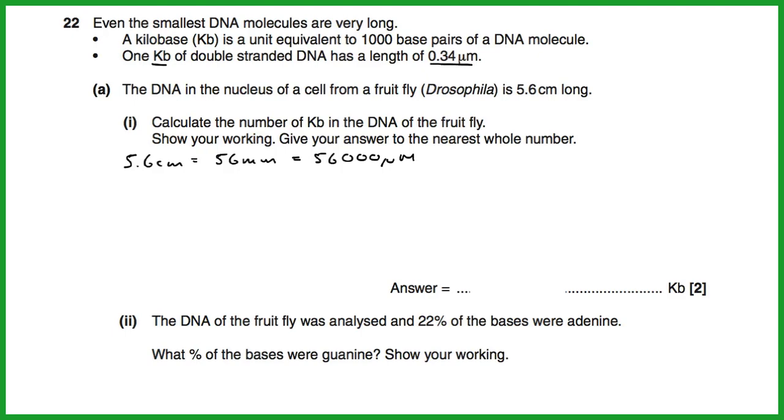So to work out how many kilobases there are, you divide 56,000 by 0.34 micrometers, which gives you the answer of 164,705.88. But they want the answer to the nearest whole number, so the answer is 164,706.